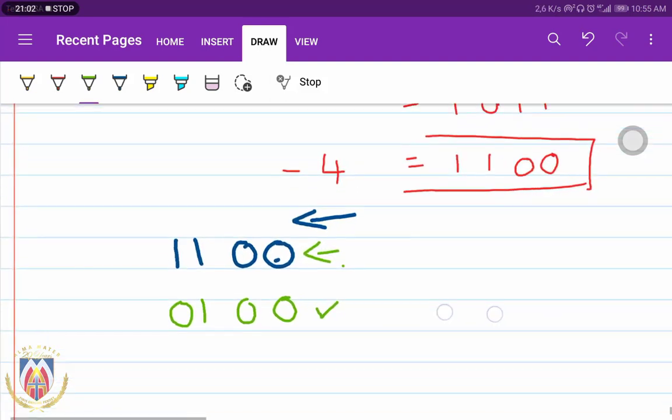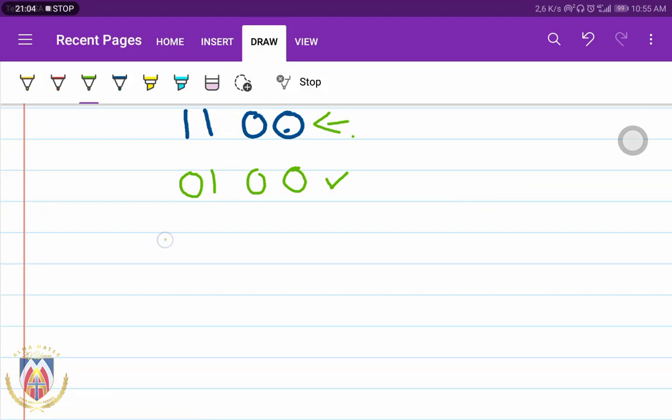Let's do another example. Let's say we have 44. We want to find the 2's complement or the binary representation of minus 44.